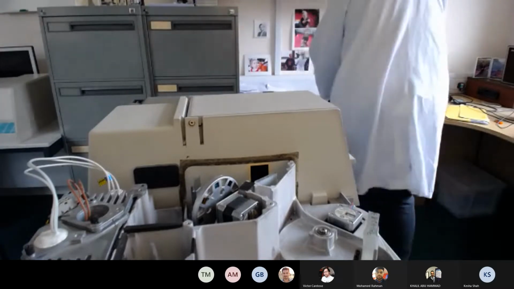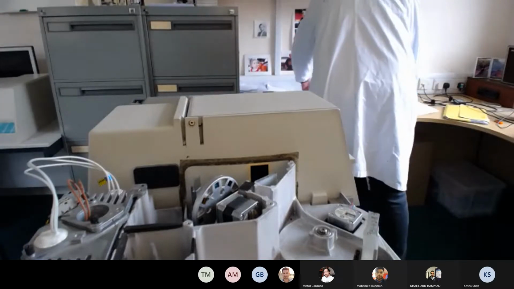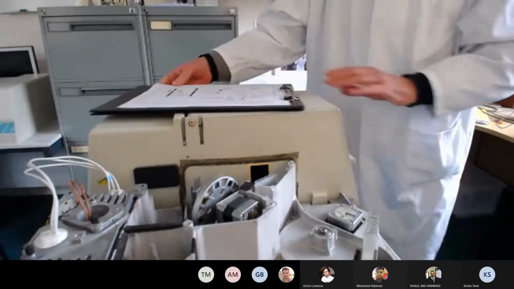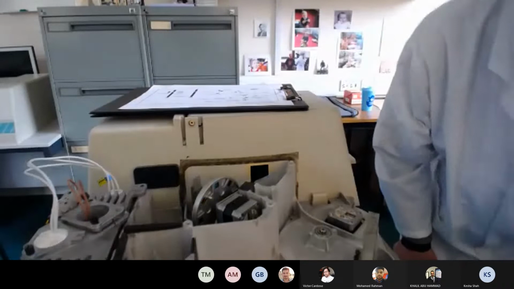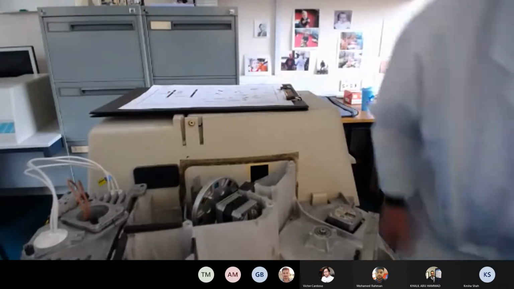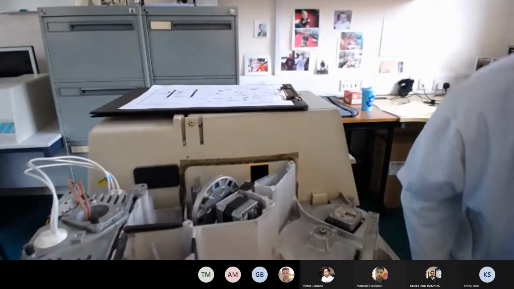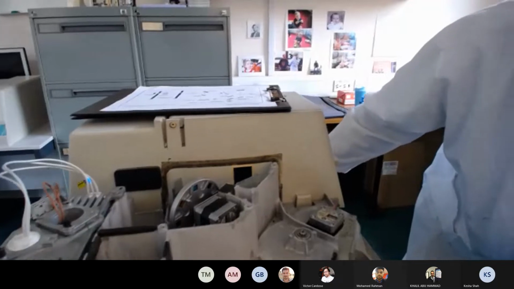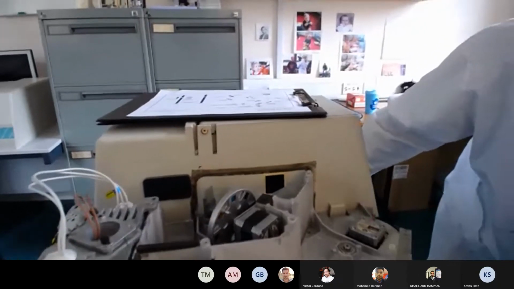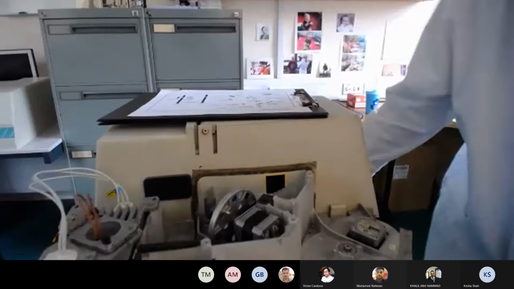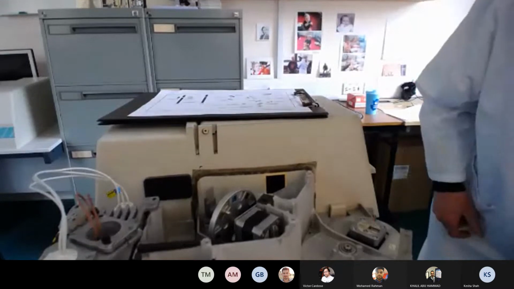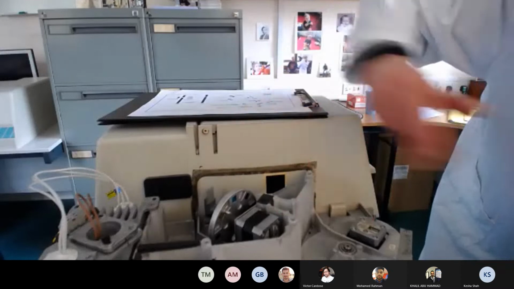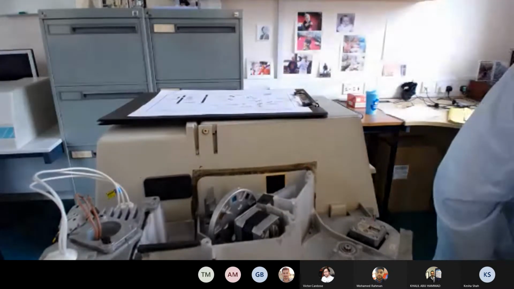Right. Okay. Just checking what you can see on the camera here, because it's very, very small. Right, can you see the inside of the spectrophotometer here? Is that all clear on your screens?